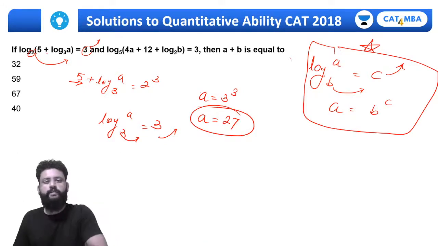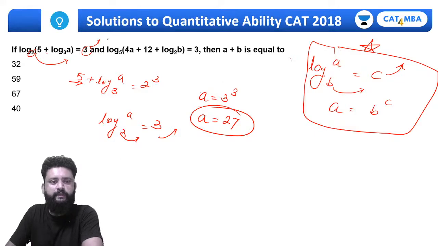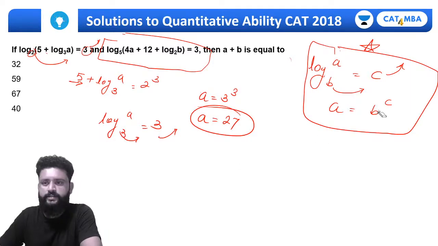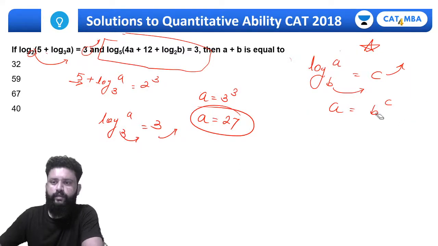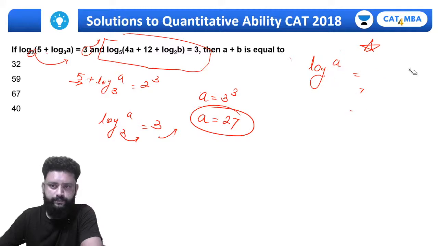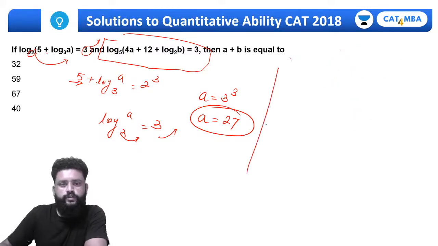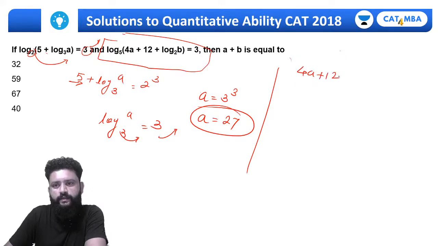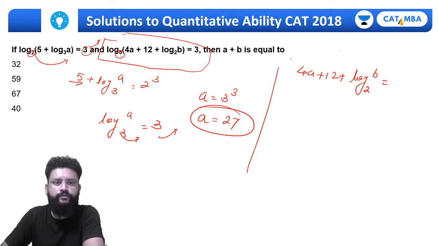तो अभी a का वैल्यू हमें मिल चुका है, तो यहाँ पे हमें b का वैल्यू निकालना है सेकेंड हिंट का यूज करके. Now the same way I can use the second hint. So if I use this 4a plus 12 plus log of b to the base 2, this must be equal to, ये बेस इधर आ जाएगा 5 and 3 ऊपर जाएगा.